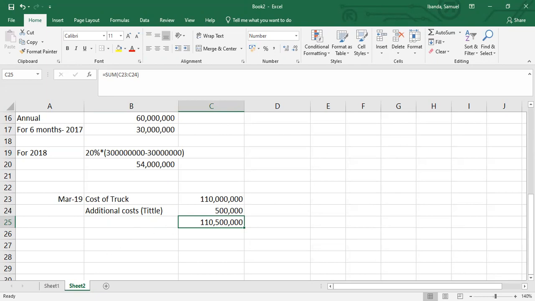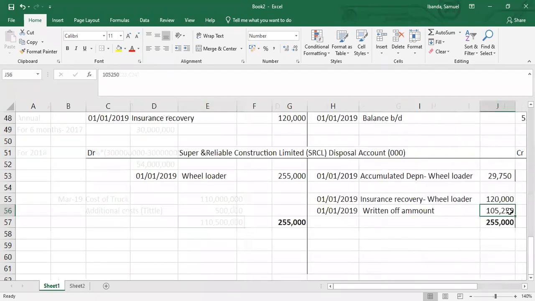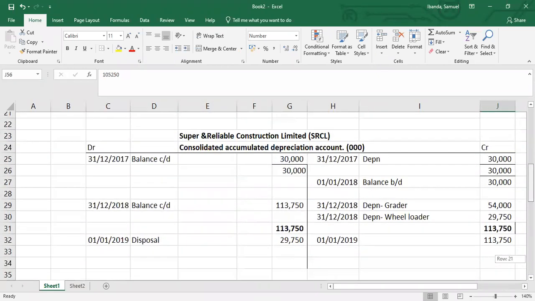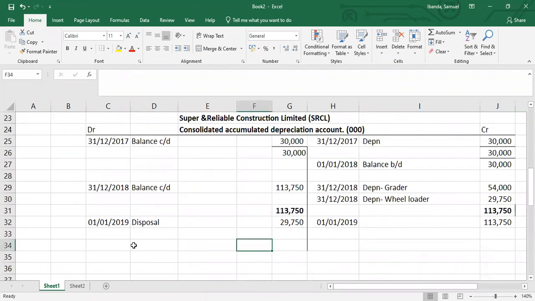So we are going to capitalize this by debiting our asset account. Let me just confirm the date. This was on 31st March 2019. It's still within the year.